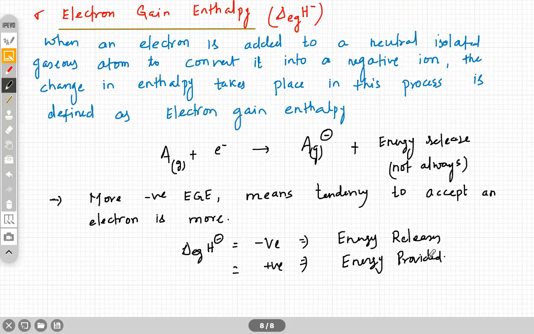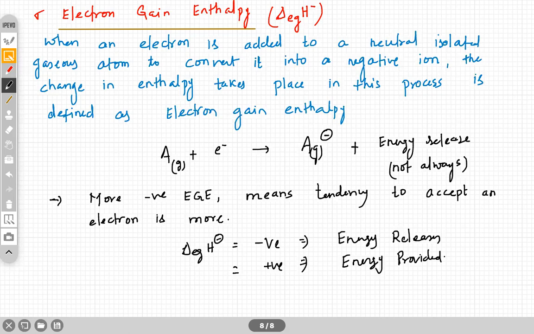Electron affinity of an atom is the tendency of an atom to accept an electron.